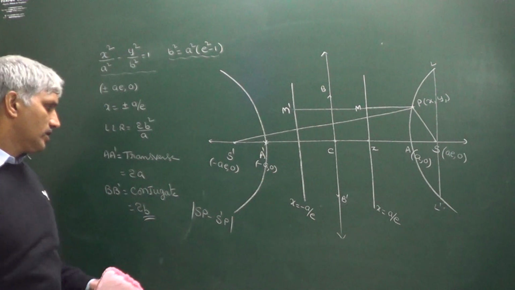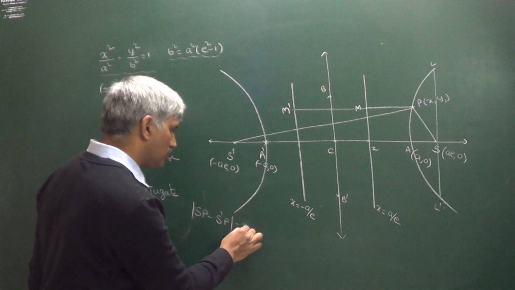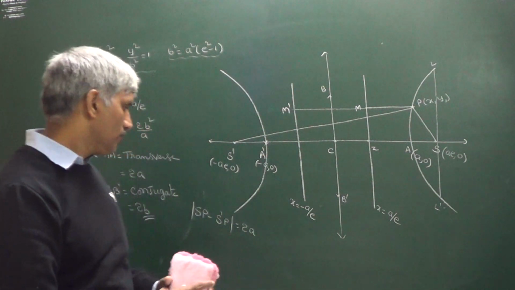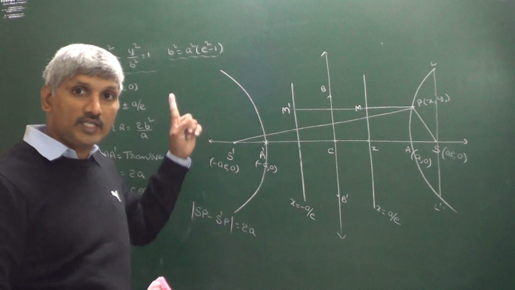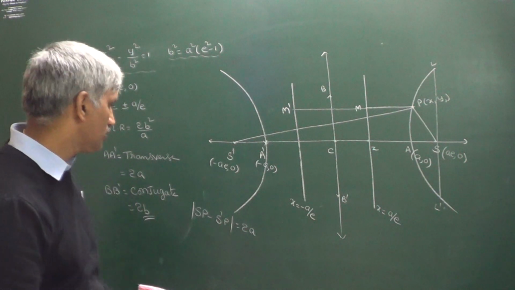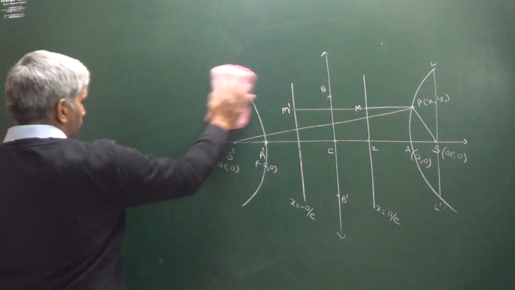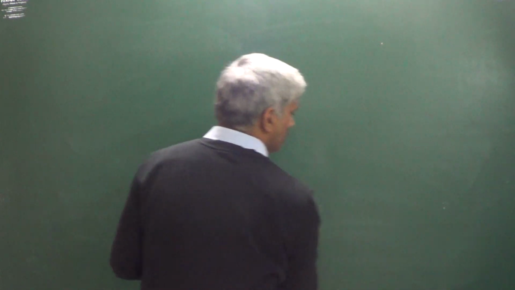So we can derive SP − S'P, the difference of the focal distances, is equal to 2a. Earlier, in the first case of an ellipse, we got SP + S'P, the sum of the focal distances, equal to 2a, but here the difference of the focal distances is 2a. So that is the case of the hyperbola. The first case of an ellipse and the first case of the hyperbola are the same.